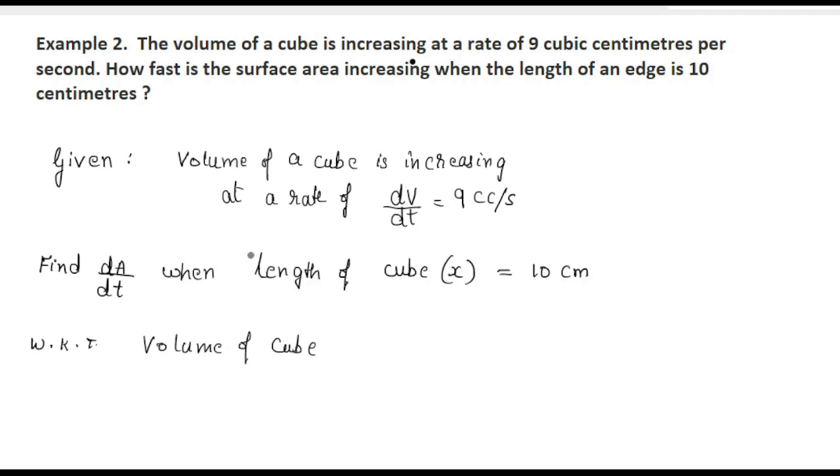To solve this, we need to know the formula for volume of the cube and surface area of the cube. So the formula to find the volume of the cube is V equals x cube. Differentiate this. On differentiating this, we get dV by dt equals 3x square into, since we are differentiating with respect to time, dx by dt.